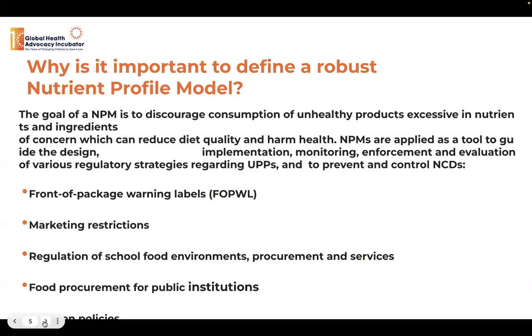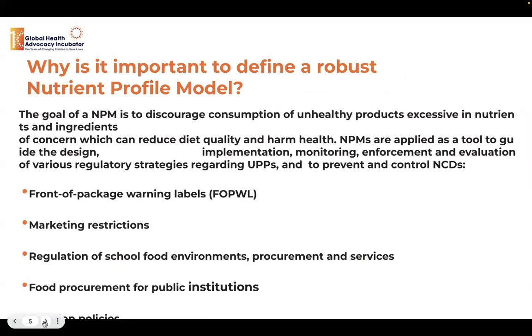Why is it important to define a robust nutrient profile model? The goal of a nutrient profile model is to discourage consumption of unhealthy products that are excessive in nutrients and ingredients of concern, which can reduce diet quality and harm health.